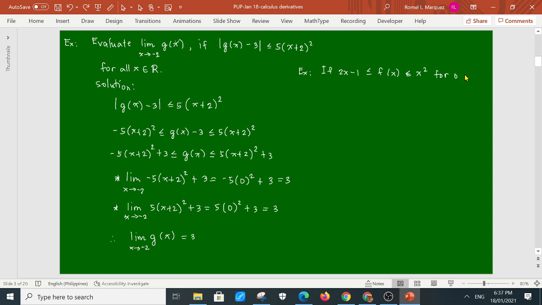Find the limit as x approaches 1 of f of x. Let's see if we get the same result.